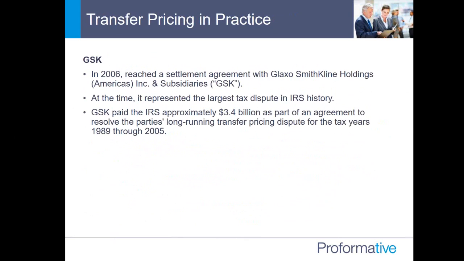Back in 2006, they reached an agreement with the IRS under which GSK would pay $3.4 billion to the IRS to resolve transfer pricing disputes which had been running for 16 years. Clearly, $3.4 billion is a significant sum of money to any organisation, perhaps less so to such a huge organisation as GSK, but it does bring into focus the fact that transfer pricing can have a serious effect on an organisation.